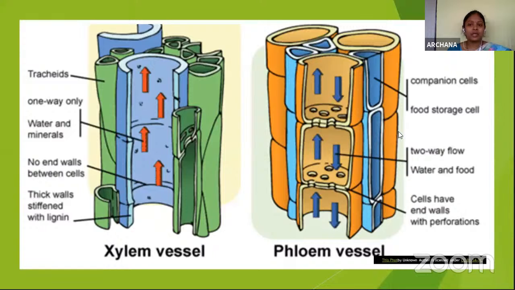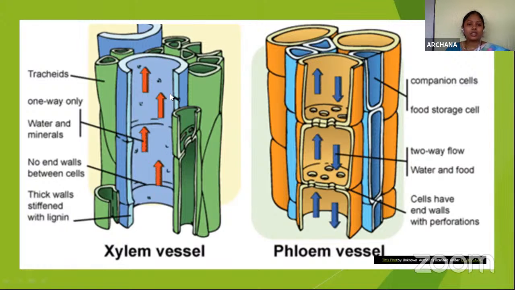Now children, in this picture we can see xylem vessel and phloem vessel. The xylem and phloem are together called vascular tissues, which are present in both angiosperms and gymnosperms. As you know, xylem is responsible for conduction of water and minerals. Now in this picture you can see a one-way flow of water and minerals, that is, from root upwards.